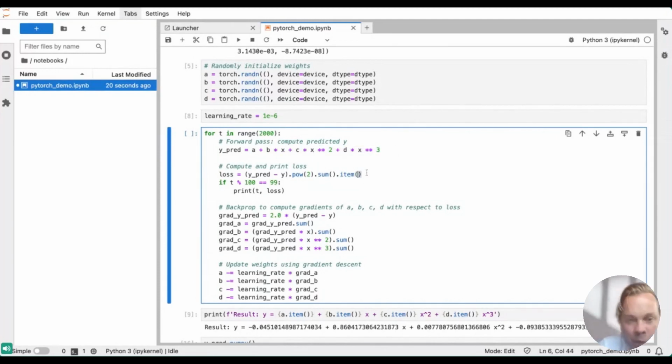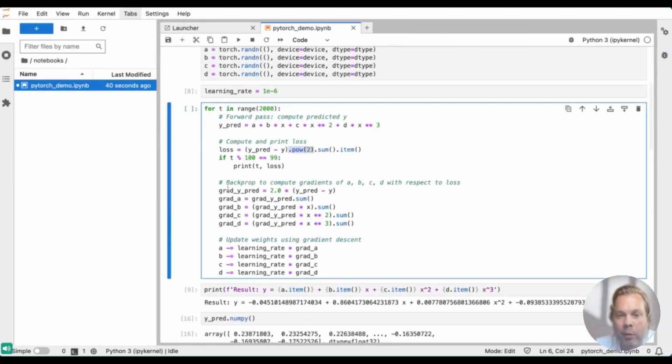And this is our loss, as I talked about. We do the difference between the predictions and the actual solution, or the real solution. And then we square it. And then we calculate how fast this solution is growing. We do that by the derivative, and the derivative is just 2 times the difference.